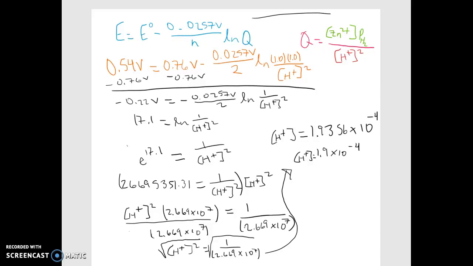The book gives us about 2 times 10 to the -4th for the molarity, the concentration. So it's pretty approximate. They rounded a lot and I didn't. And yes, that's our answer. Thank you.